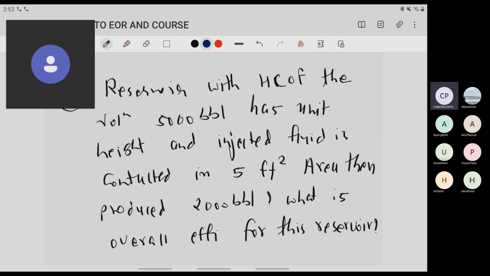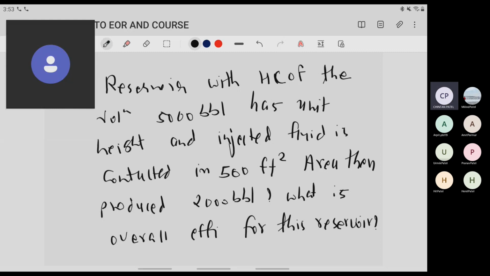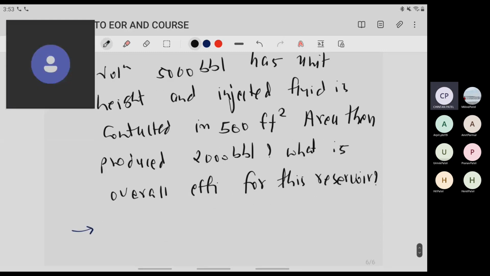Just consider, don't take it 5, take it 500, and tell me the value for ED and EV.